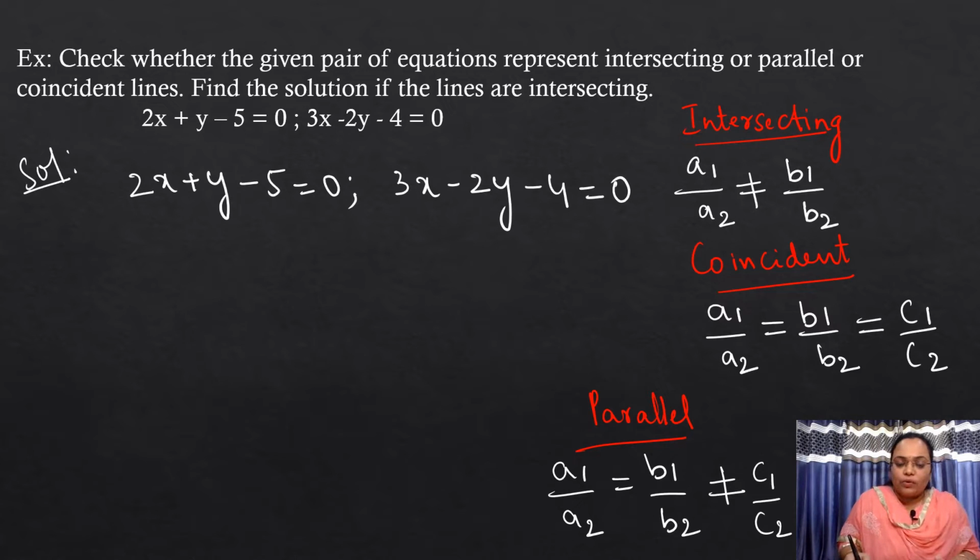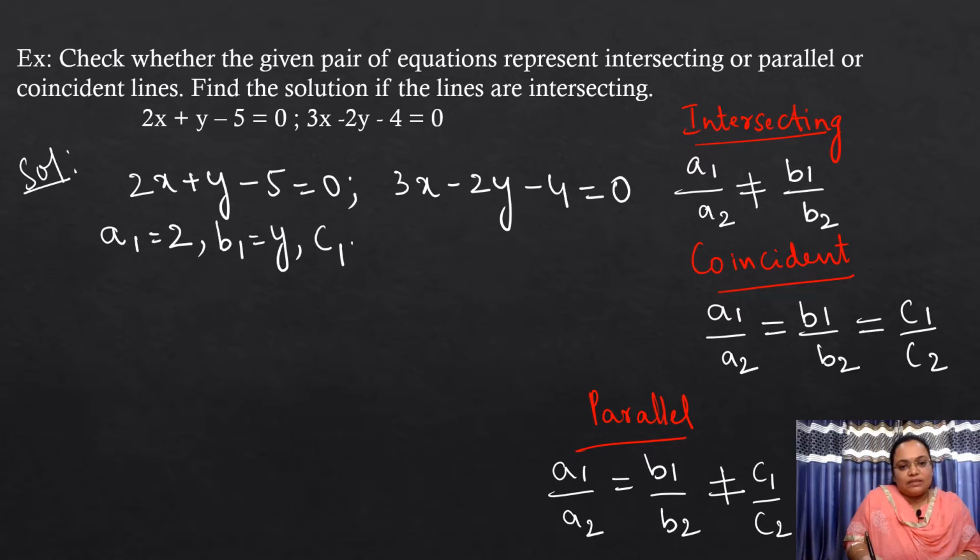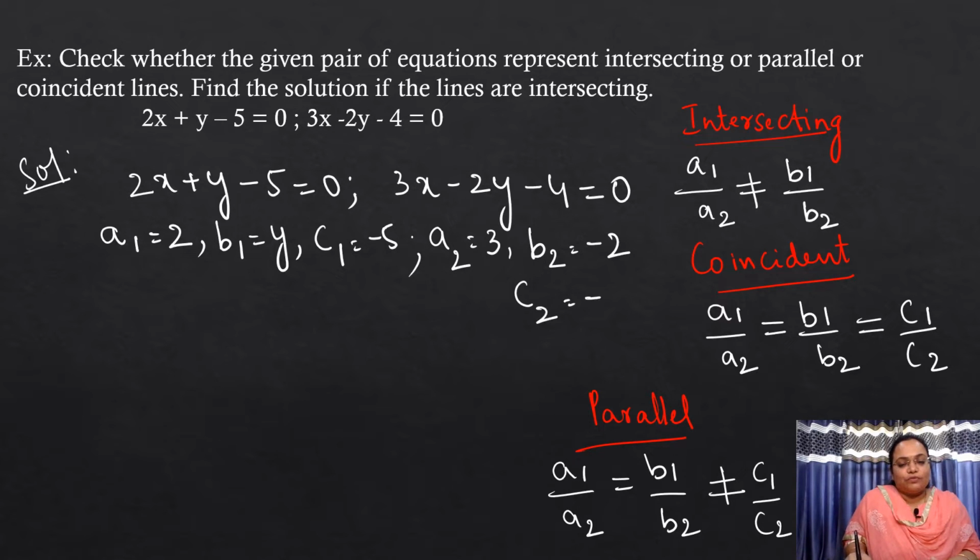Comparing these two equations with the general form, you will get A1 is equal to 2, B1 is equal to 1, C1 is equal to minus 5. In the same way, A2 is equal to 3, B2 is equal to minus 2, C2 is equal to minus 4.